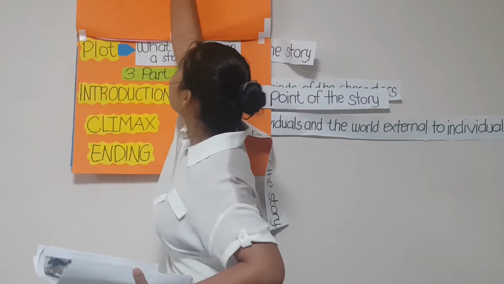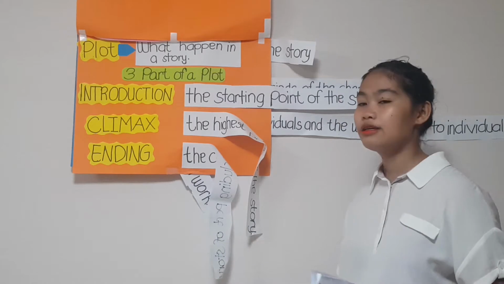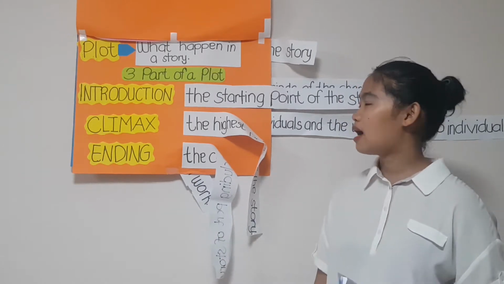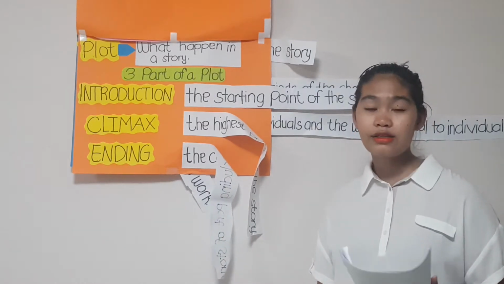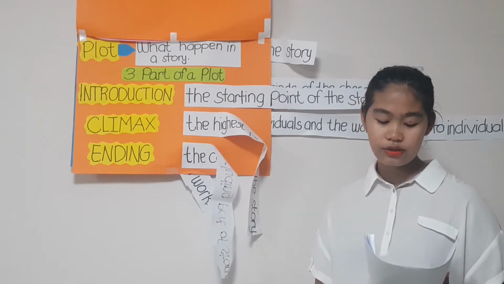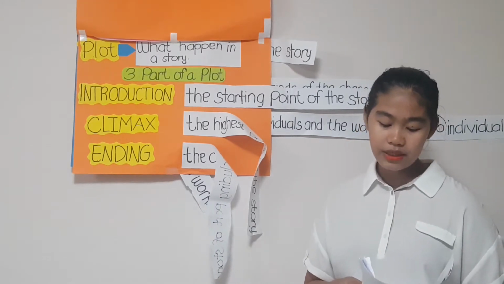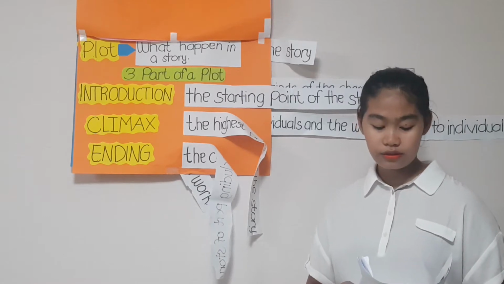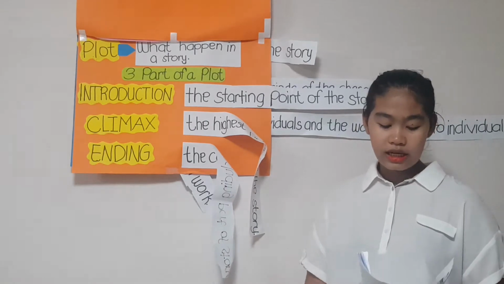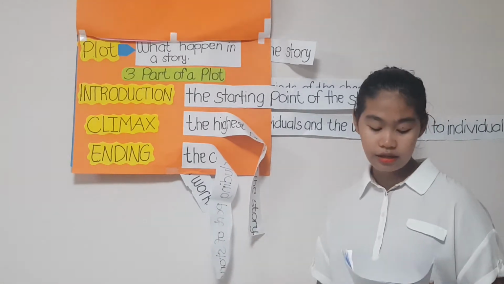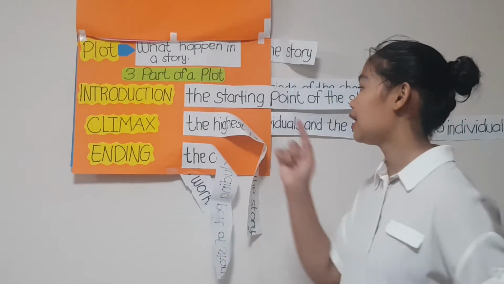And we have the third element of a story. We have the plot. The plot is what happened in a story. The plot is a series of events or a character's actions that are related to the central conflict. It is made up of related events including the exposition, the conflict, the rising action, climax, falling action, and the resolution, or the ending.